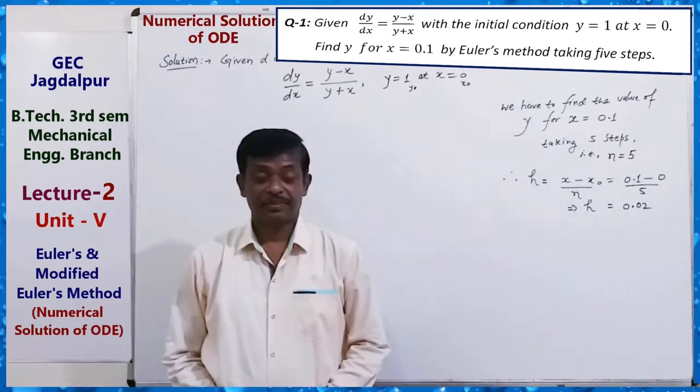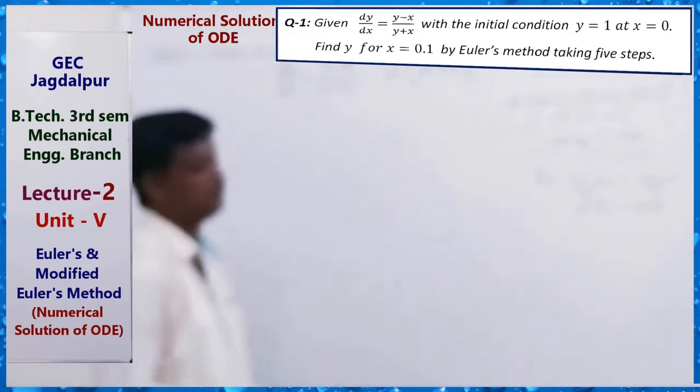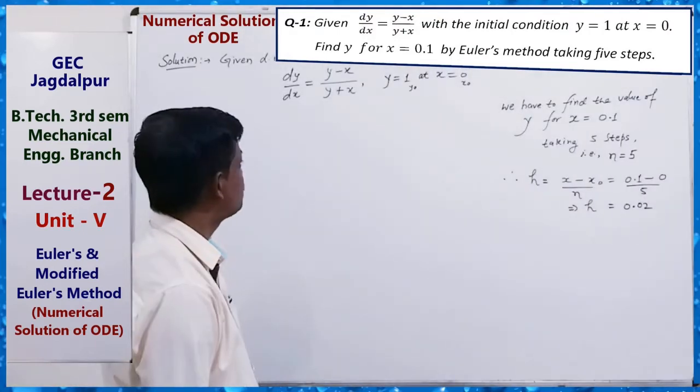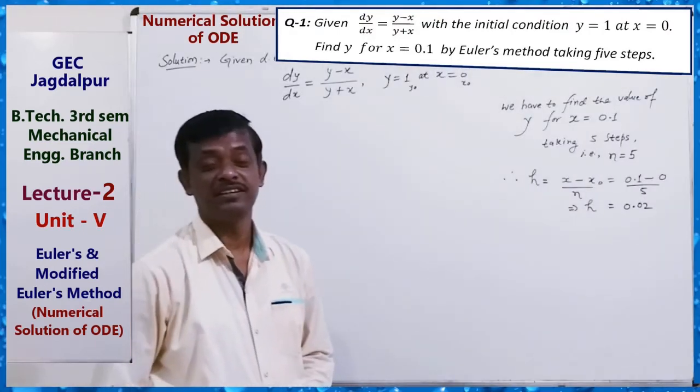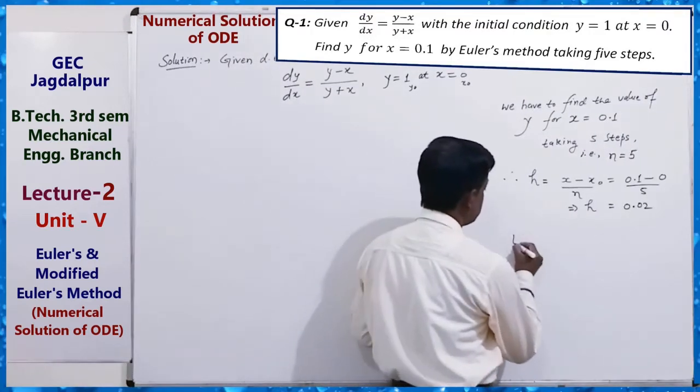Okay. So a very simple method is this, because in Euler's method we know the formula, and it is very simple.